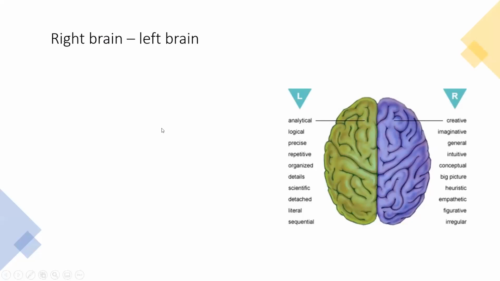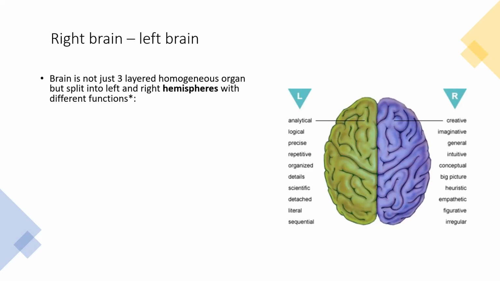All right. So today's discussion is going to be on the brain and how it kind of controls our physiology and in what ways. And in particular, I want to look at the right brain, left brain division, because we tend to think of the brain as just this homogeneous lump of matter, but in fact we are split down the middle, even in the interior part of the brain, not just the hemispheres that are shown here, but in the interior you have a right and a left, and they have different functions, as you can see from this little diagram.